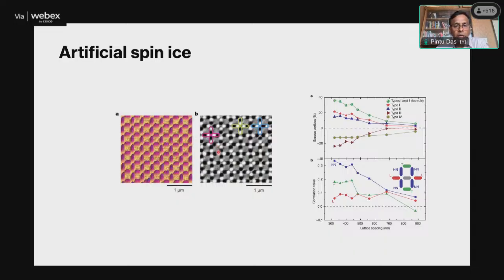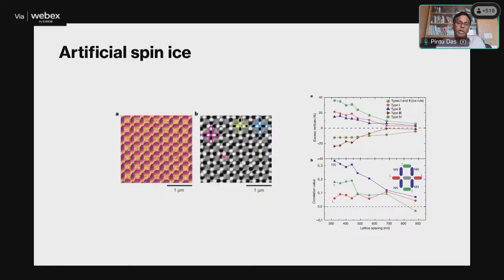So accordingly, you can find out the percentage of type 1, type 2, type 3, etc. These kinds of vertices they have studied as a function of different lattice spacing. One interesting thing is that in real, natural spin ice, one cannot study these effects because these are at a low temperature, and also you can't actually control those spins.